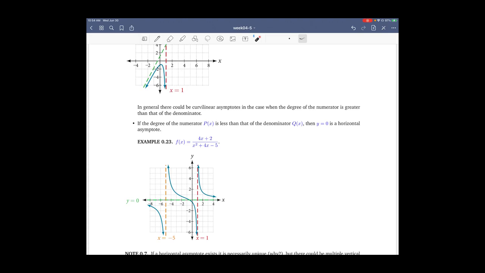Let's work with this function: 4x plus 2 over x squared plus 4x minus 5. Let's factor both the top and the bottom. Well, I can factor out 4, so that'll be x plus 1/2.